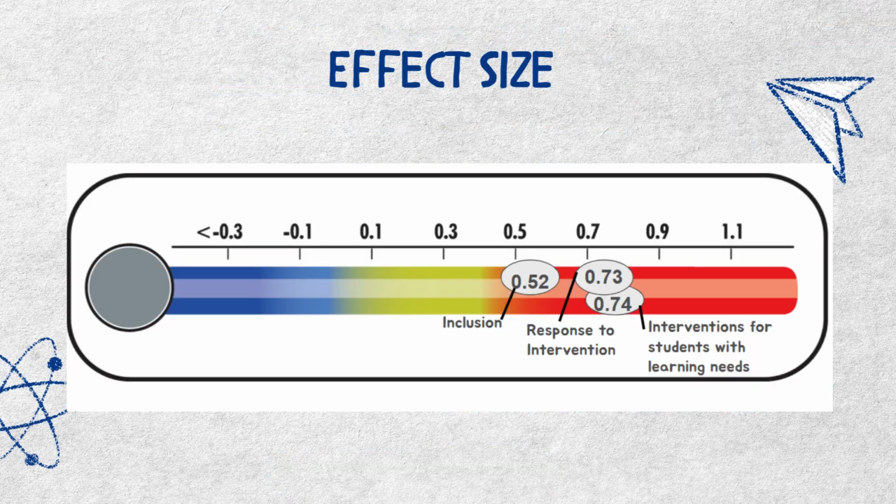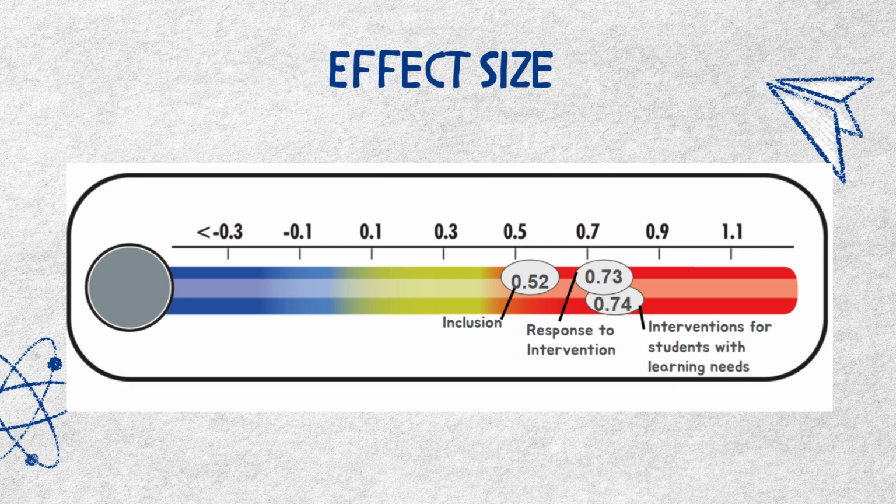Look at these inspiring effect sizes related to supporting diverse learners. Inclusion stands at an impressive 0.52, showing the positive impact of creating an environment where all students belong and are supported. Response to intervention, a systematic approach to providing targeted support, has a highly effective effect size of 0.73.